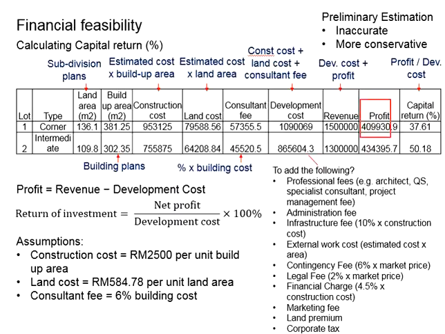Now, if you have a very slim profit, your capital return may not be as high, probably less than 10% per year or less than 5% per year. If you realize that you have a very low capital return per annum, you might need to reconsider undertaking this project. You know that building development is a high-risk industry.